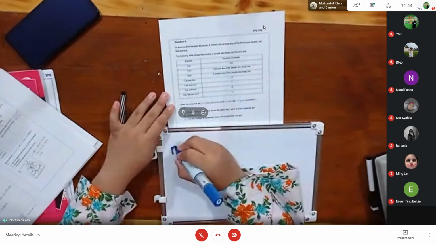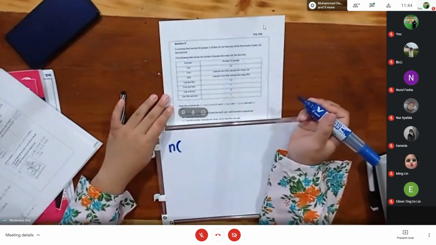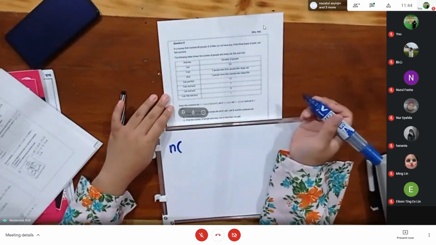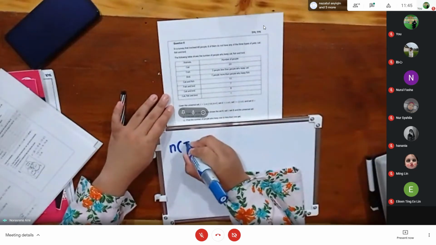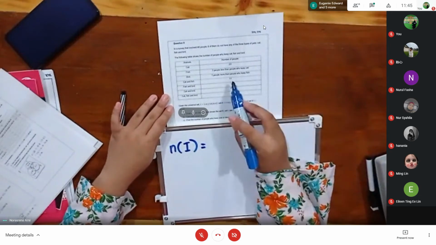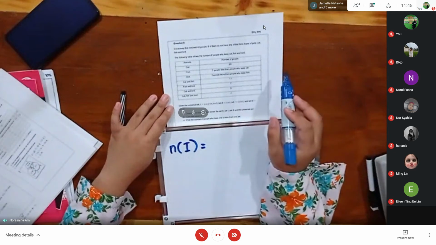So we write n, the number of elements. The number of people who have fish, I, is 3 less than people who keep cat.